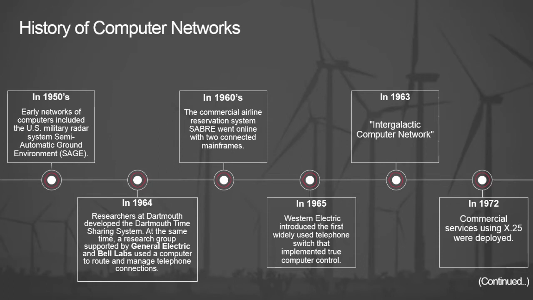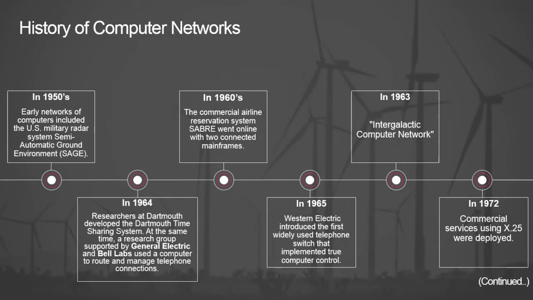Right? Now let's discuss the history of computer networks to understand the computer network development. So basically here you can see a number of milestones that they have covered. In 1950s, the US military radar system known as SAGE, semi-automatic ground environment, was started. Then in 1961, the idea of ARPANET, one of the earliest computer networks, was proposed by Leonard Kleinrock.